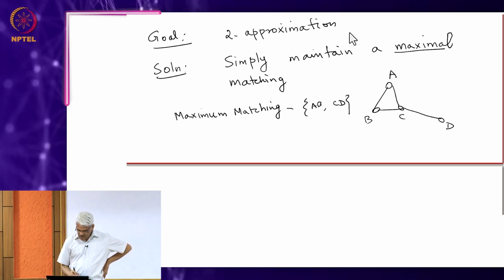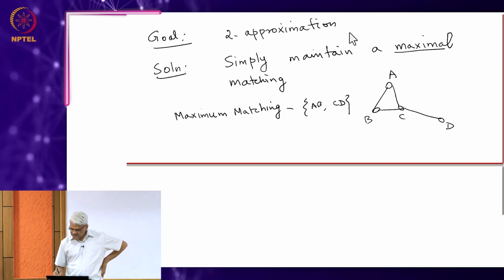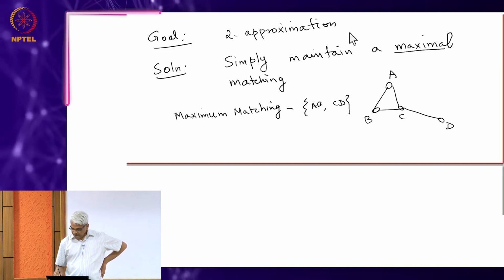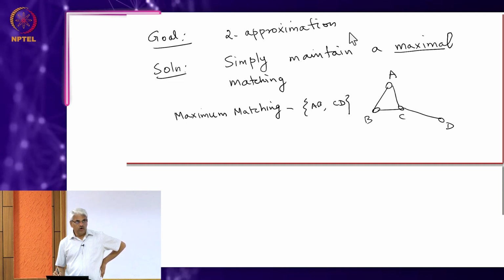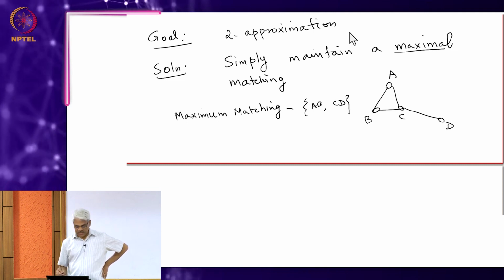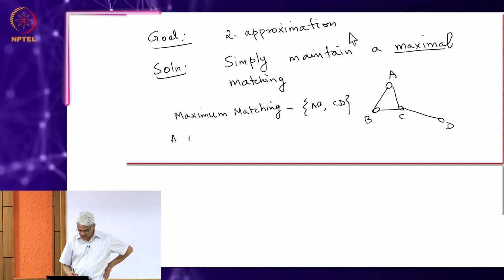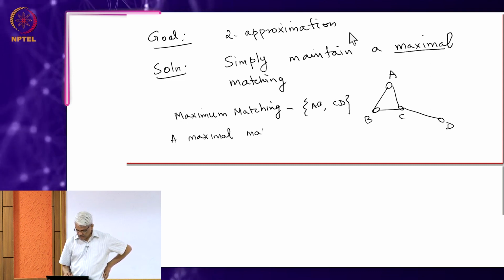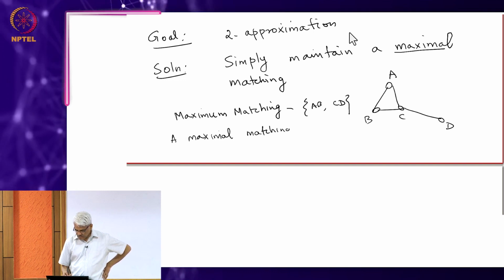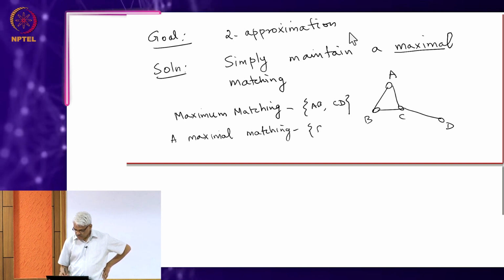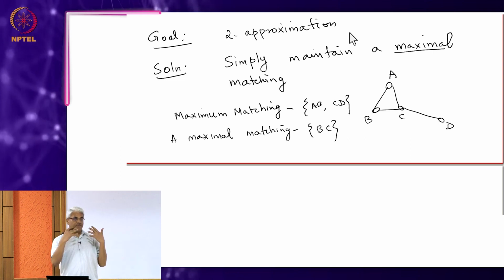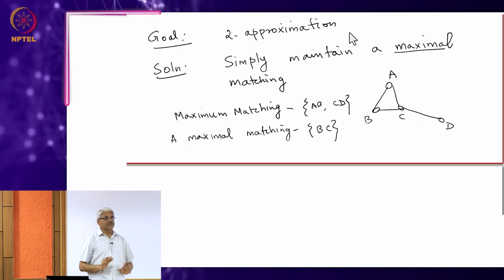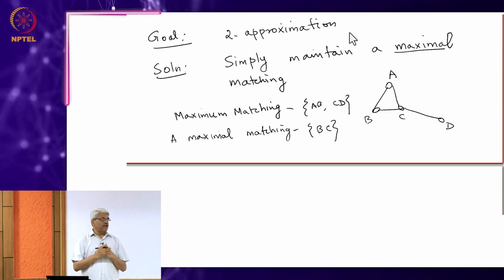But suppose I picked up the edge BC in the matching. Okay, can I add any more? No, and it is a maximal matching. It is not of the maximum size, but it is maximal because I can't extend it. Okay, that's the difference between maximal and maximum.